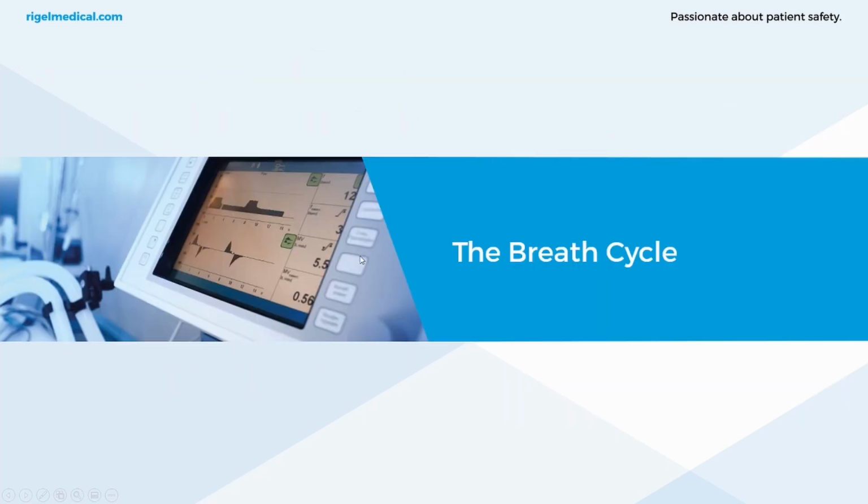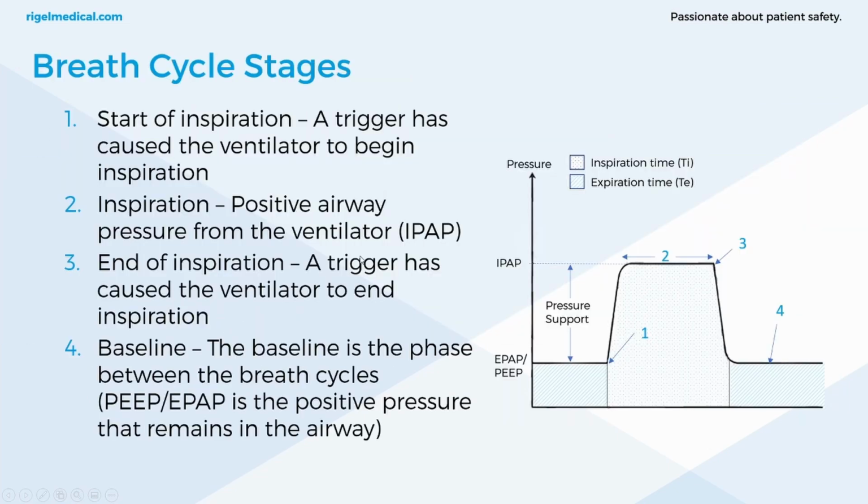Okay, so we talk about the breath cycle, with different stages. We've got the start of inspiration. At the start, a trigger has caused the ventilator to begin inspiration. This could be time-based, from the respiratory rate, at a set rate, say every 4 or 5 seconds.